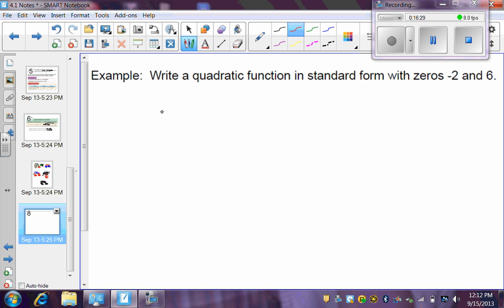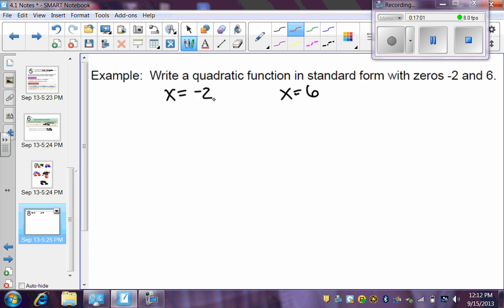Last example, we're kind of going backwards on it. It says, write the quadratic function in standard form with the zeros of -2 and 6. Okay, so if I know that the zeros are -2 and 6, then that tells me that when I solved, I had x equals -2 and I had x equals 6. Now, if you remember when we were solving before on the previous examples, we always started off with one of the sides being 0.